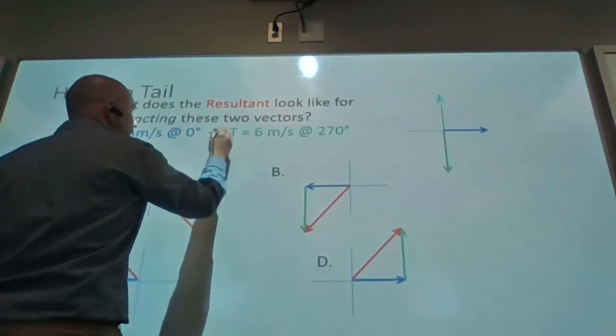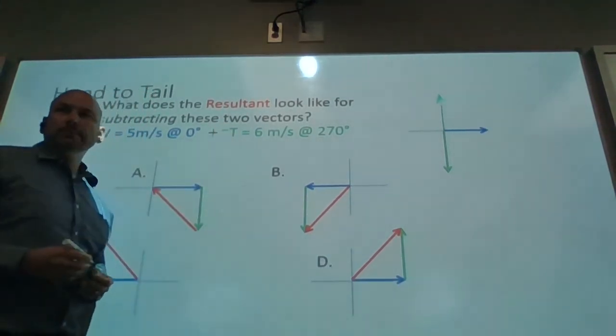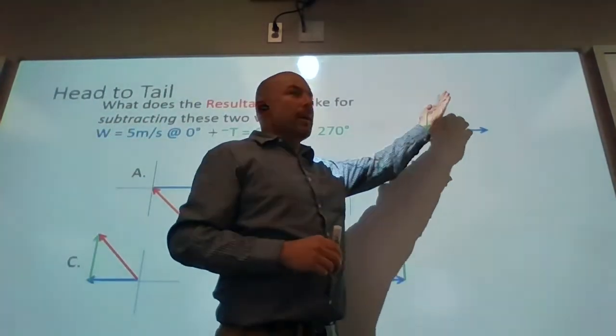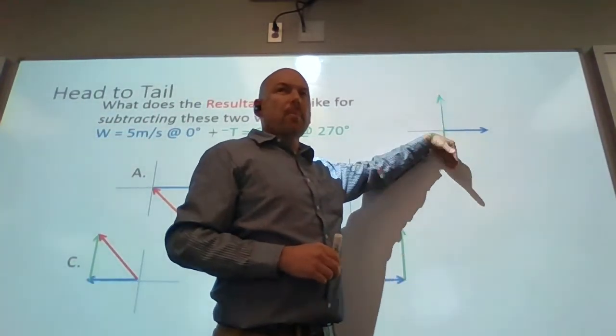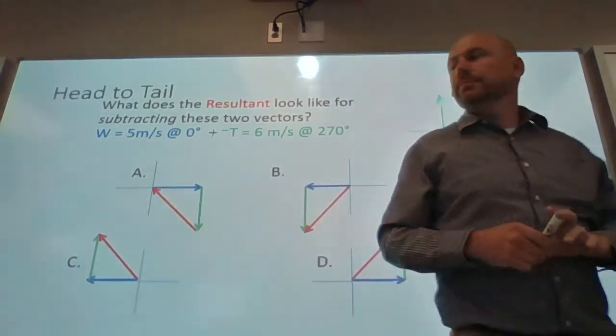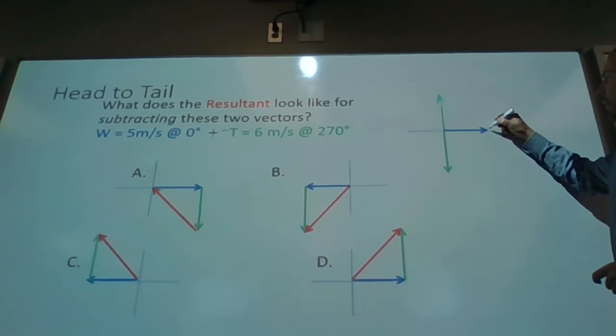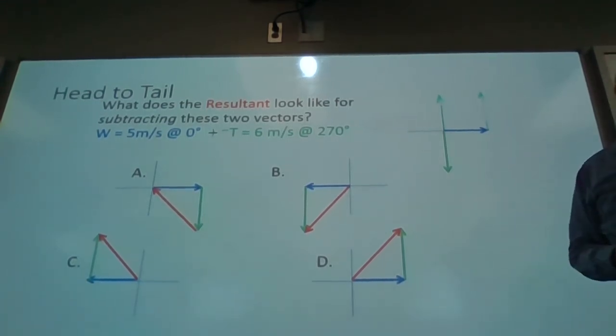So this becomes a plus and negative. When we make that negative, we're going to flip that 180 degrees. Okay. And then we just do head to tail from there. Get that?